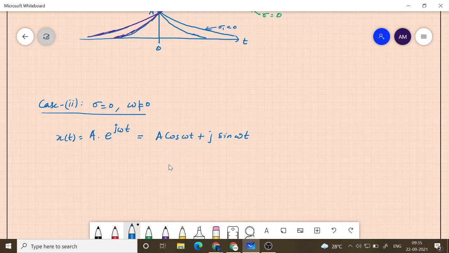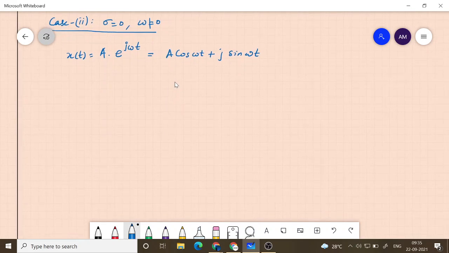How do we plot it? It has a real part which varies with time. It has an imaginary part that varies with time. So one of the ways to plot this kind of function, if you want to plot it as a 2D plot, is to plot multiple times: one for the imaginary part and second for the real part.